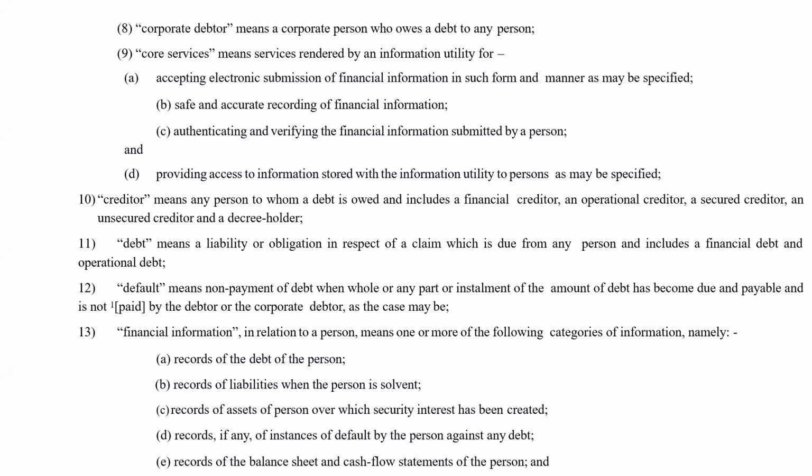If you want to take an action against a corporate person, then you are covered under part 2. If you want to take action against an individual or a partnership firm, then you have to go to part 3. But the creditor, even if he is an individual or a partnership firm, can take action against a corporate person under part 2.